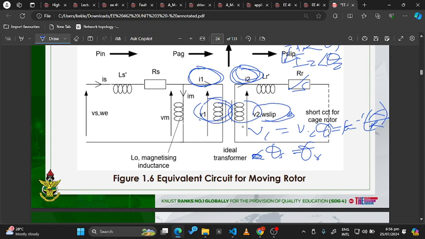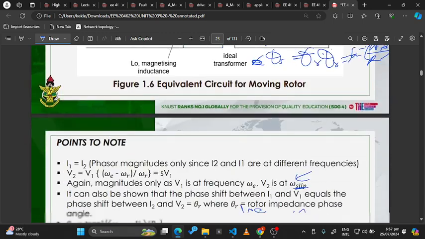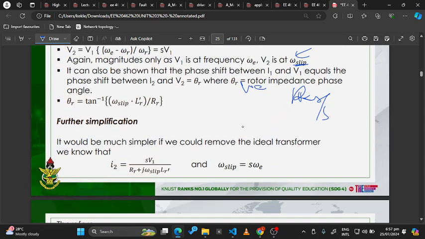The reactance here is omega_slip times L_R. So theta_s is equal to theta_r, which is equal to tan inverse of the reactance, omega_slip times L_R, divided by the resistance R_R. So that's what you have right here.